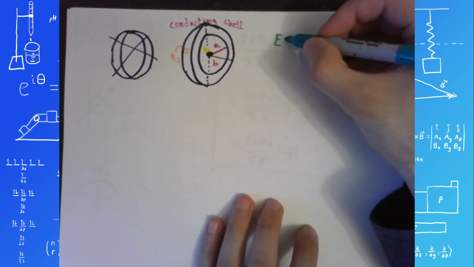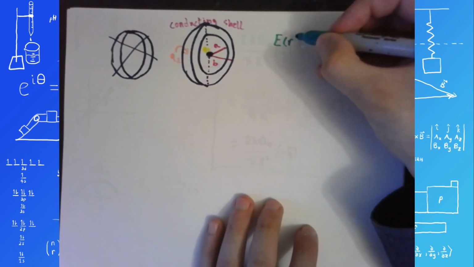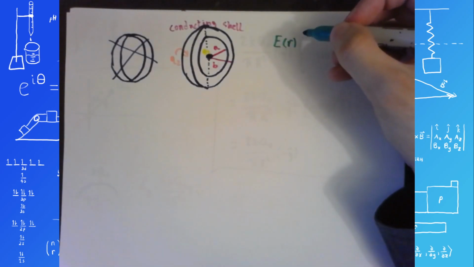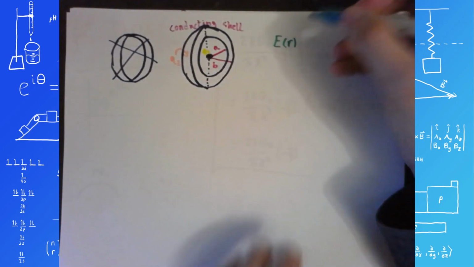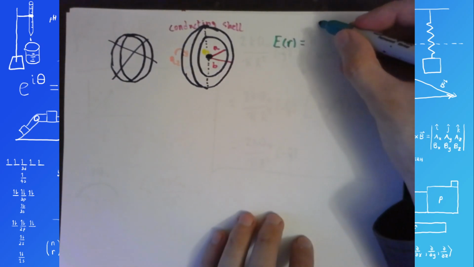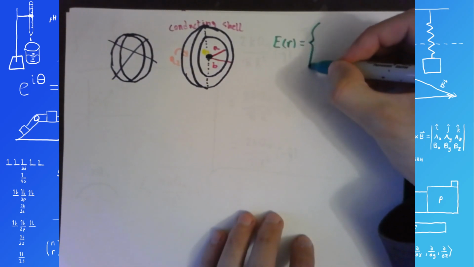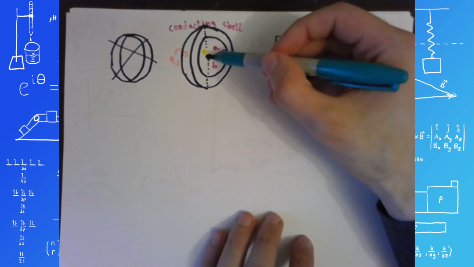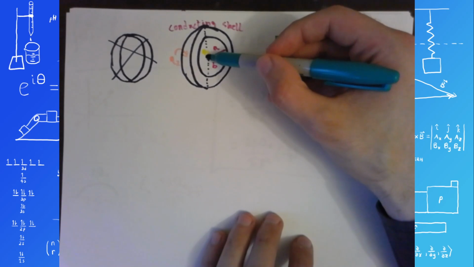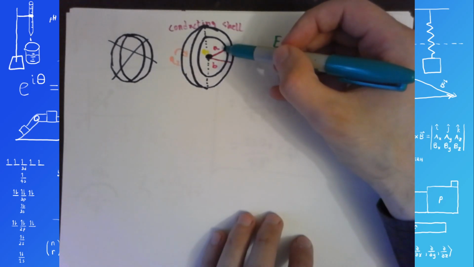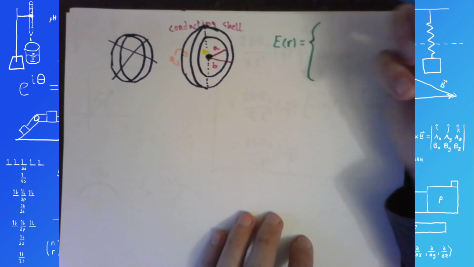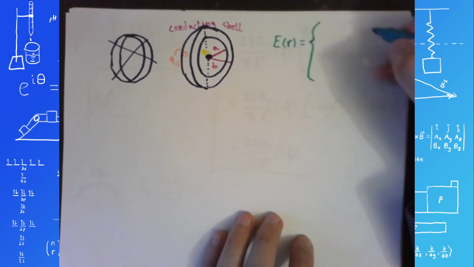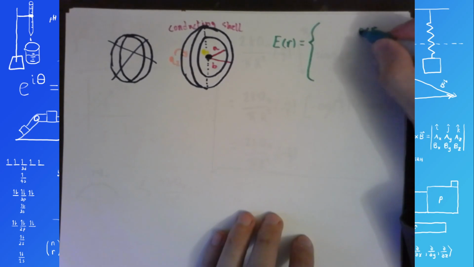So magnitude of the electric field as a function of r, which is just distance from the center in this case, is equal to, it's going to be a piecewise function. And how many pieces does it have? So our first region of interest is from the center until you reach the inner surface of the shell. So that's going to be r from 0 to a.